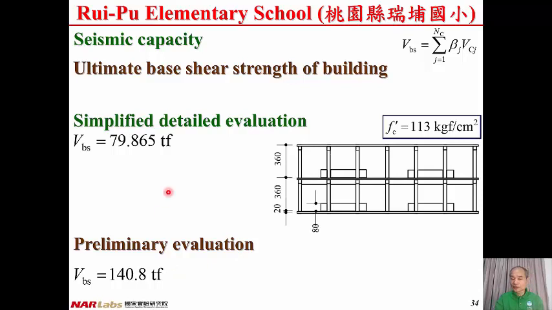Therefore, preliminary evaluation overestimates the seismic capacity of the building. There are two reasons. One is that the compressive strength of the concrete is so low, as fc prime equal to 113 kgf per square centimeter, and the average compressive strength of the school building is about 160 to 180 kgf per square centimeter.